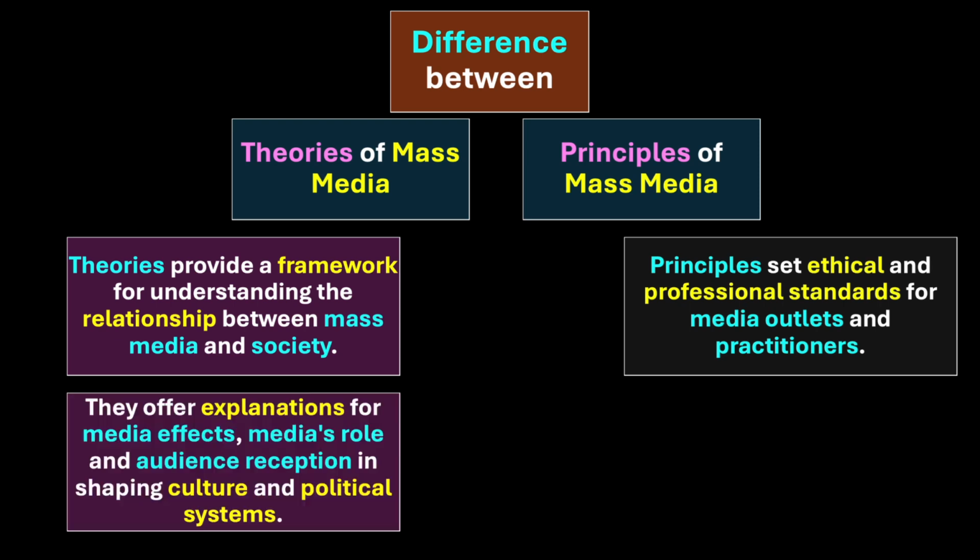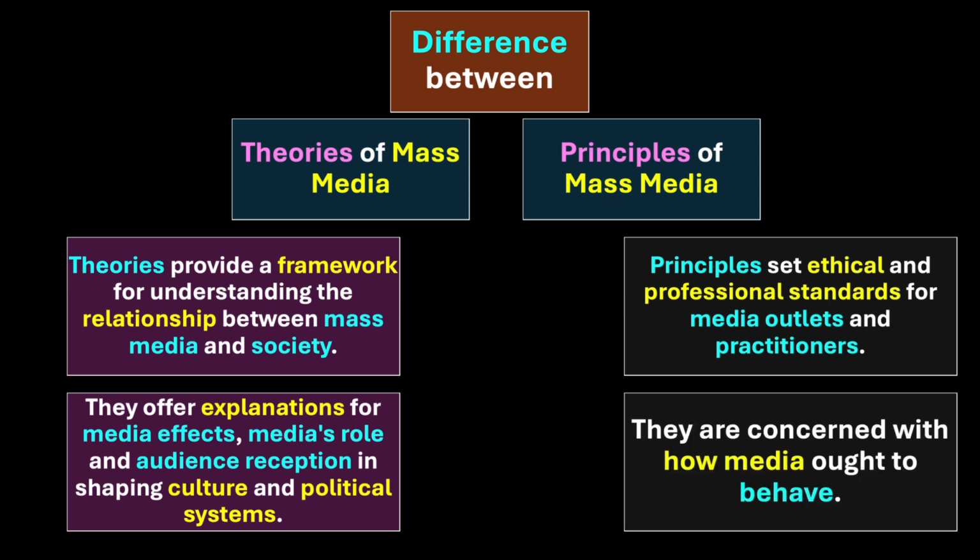They offer explanations for media effects, media's role, and audience reception in shaping culture and political systems, whereas principles of mass media are concerned with how media ought to behave.